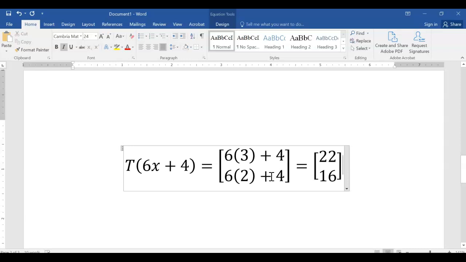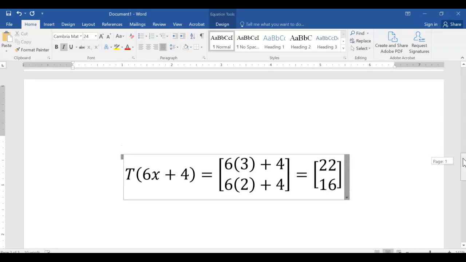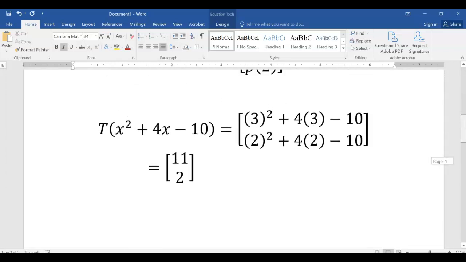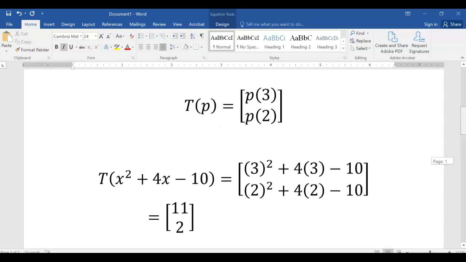But that's what I got on my calculations. So when I take this transformation, I'm getting out a vector from R2. So I'm taking a polynomial, transforming it, getting out a vector from R2. And again, double check on my calculations. I just did those quickly in my head.